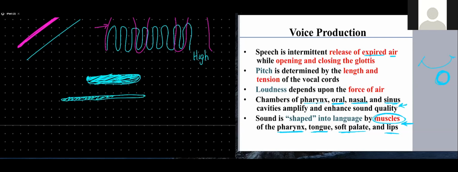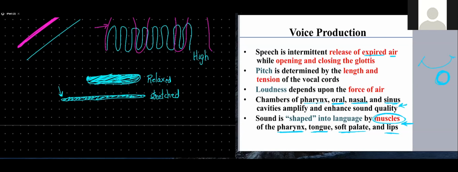This is relaxed. This is stretched. So when you stretch, it's going to be thinning out, exactly. Becomes thinner.